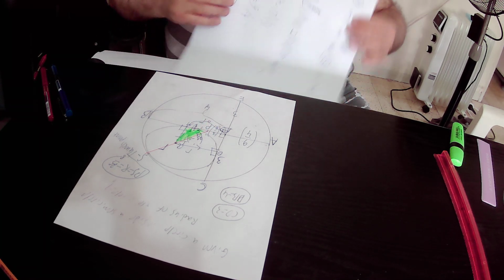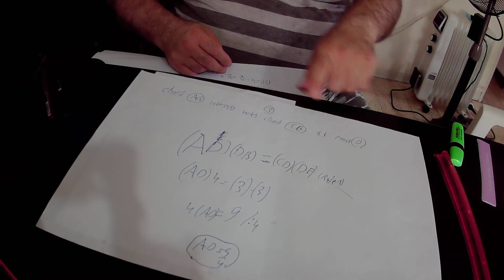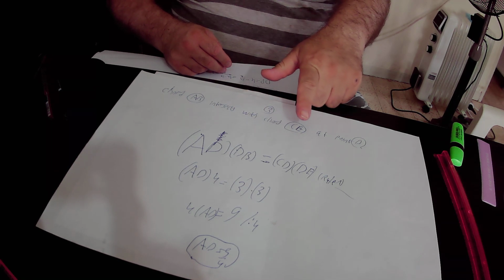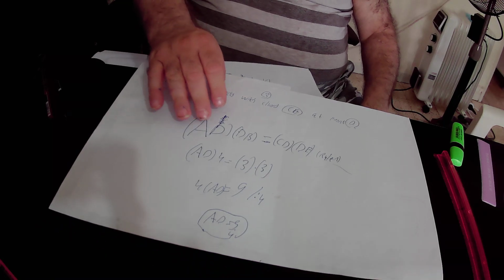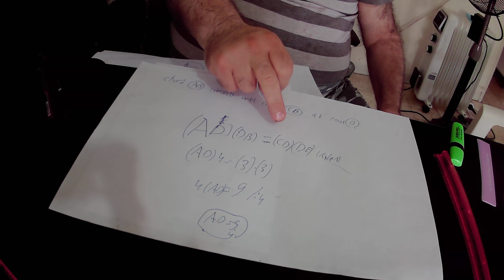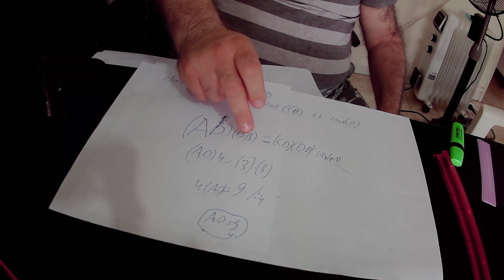Okay? Repeat again, chord AB intersects with chord CE at point D. Therefore, according to rule number 1, AD times DB equals CD times DE. AD is the missing line segment, so we leave it as it is. DB equals 4 units according to what is given in the question. CD also equals 3 units according to the question.